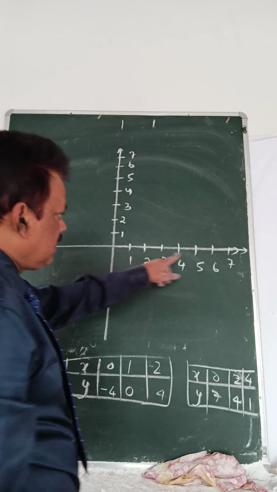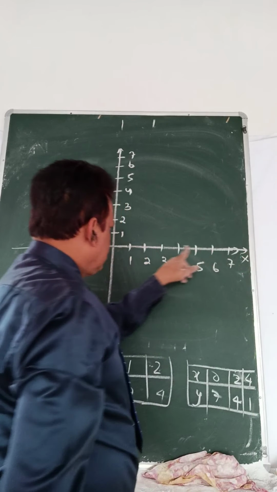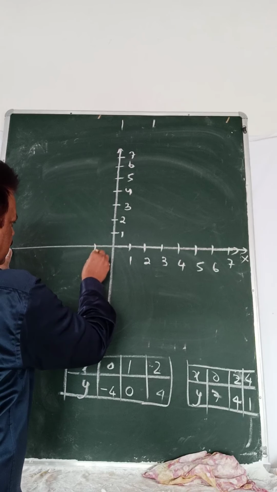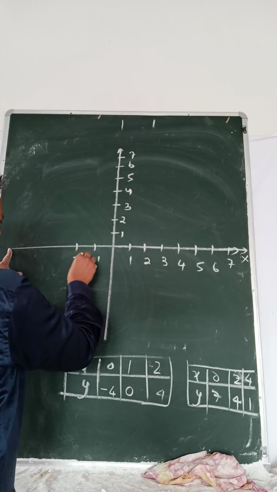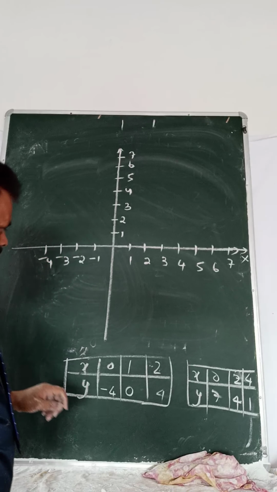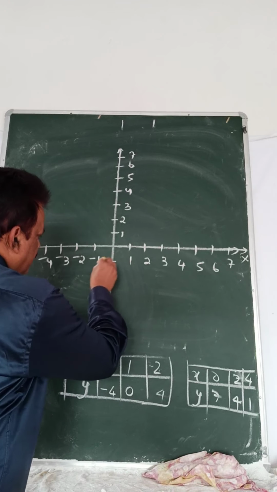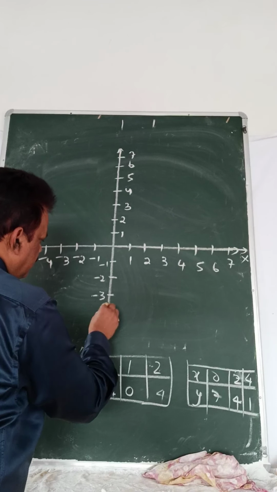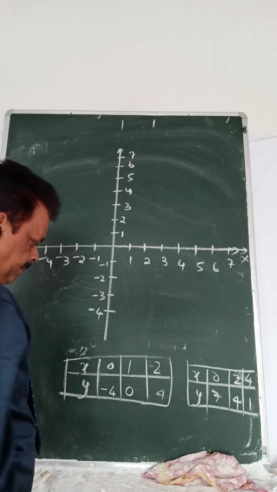Then this is the positive value of x. This is the negative value of x. So negative means minus 1, minus 2, minus 3, minus 4, like this.